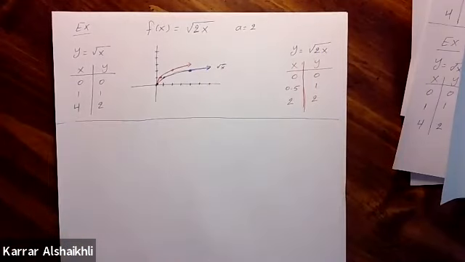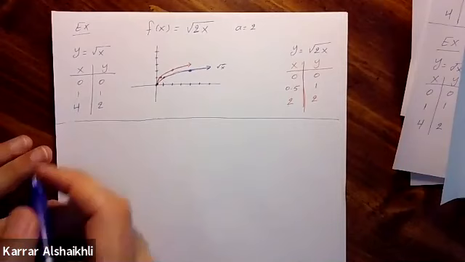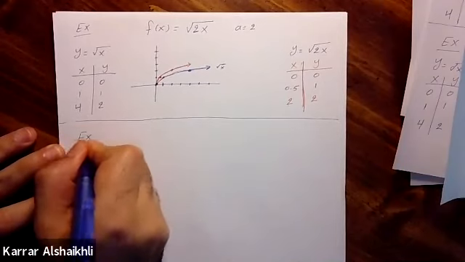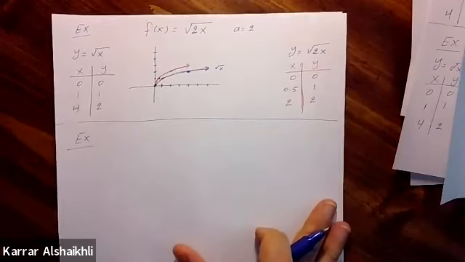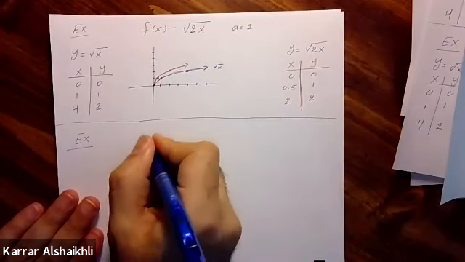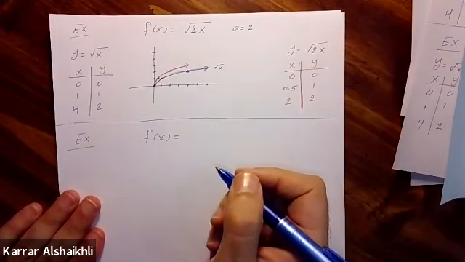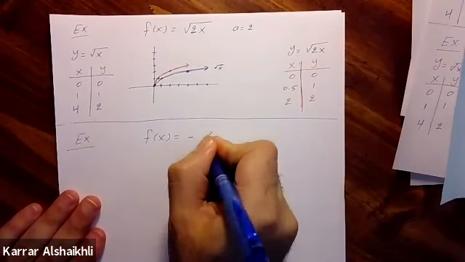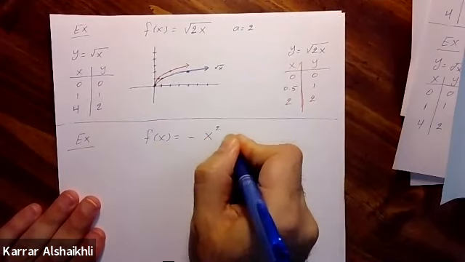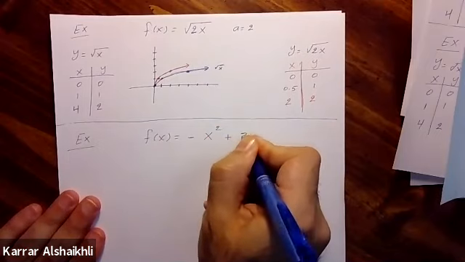Let's do one more, for example, if we have two movements at the same time, two techniques at the same time. So for example, if we have alpha for x equals negative x squared plus 3.